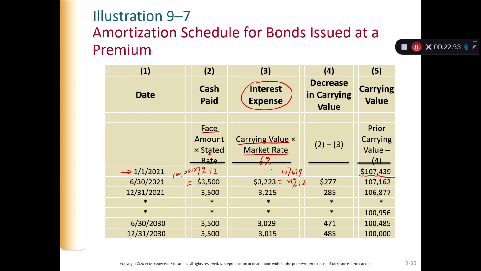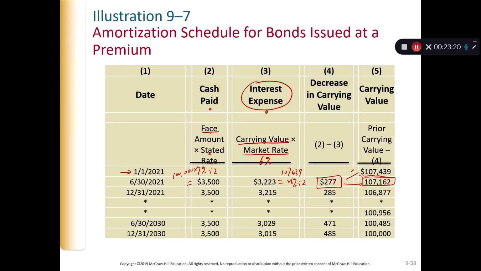And the difference between the interest expense and the cash paid is that the cash paid is much higher than the interest expense, and this difference is going to amortize the premium carrying value, which means that you will use 107,439 minus $277 to get the carrying value.